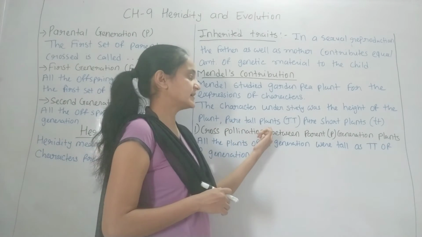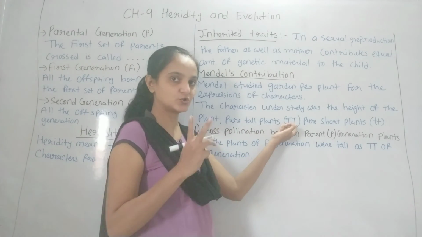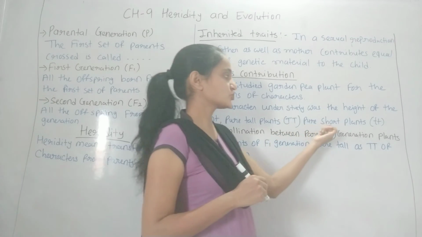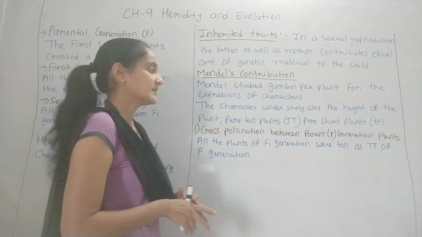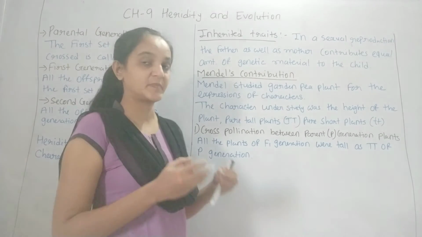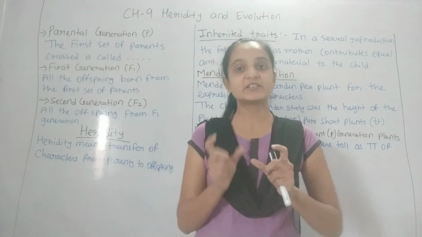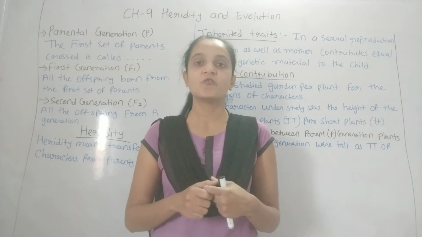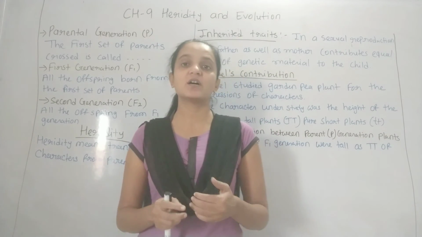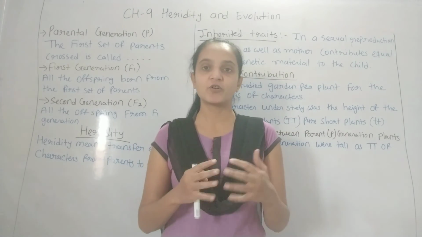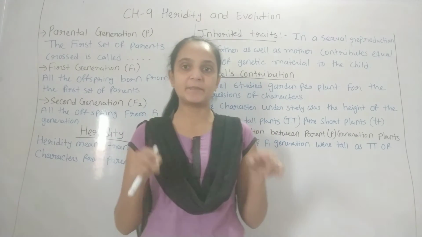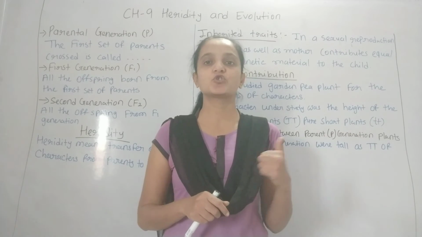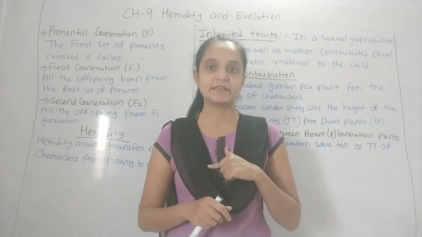Pure tall plant he indicated by capital T, two capital T, and pure short plant by small t. It means there are so many characteristics in the pea plant, right? So which characteristic did he choose for his study? He chose the height of the plant. So he indicated pure tall plant as capital T and pure short plant by small t.